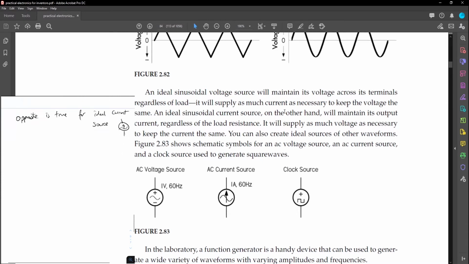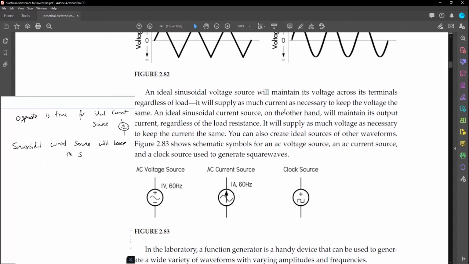So is it a sinusoidal current source? Yeah, a sinusoidal current source will keep current the same.